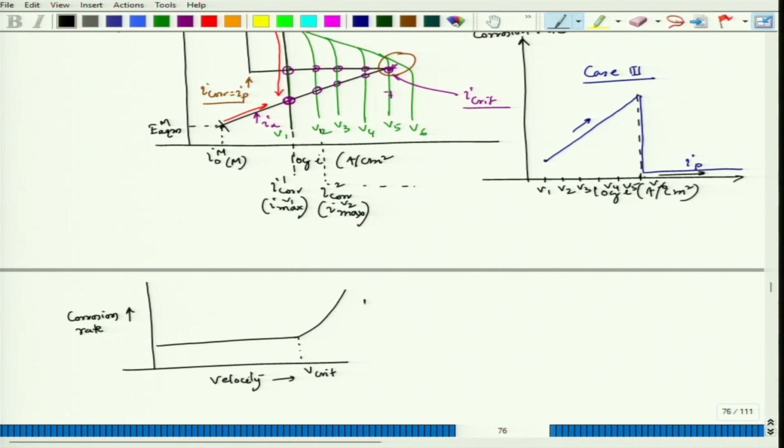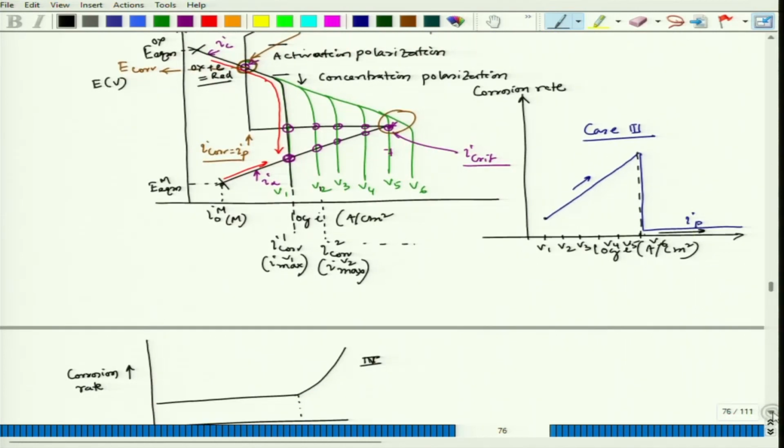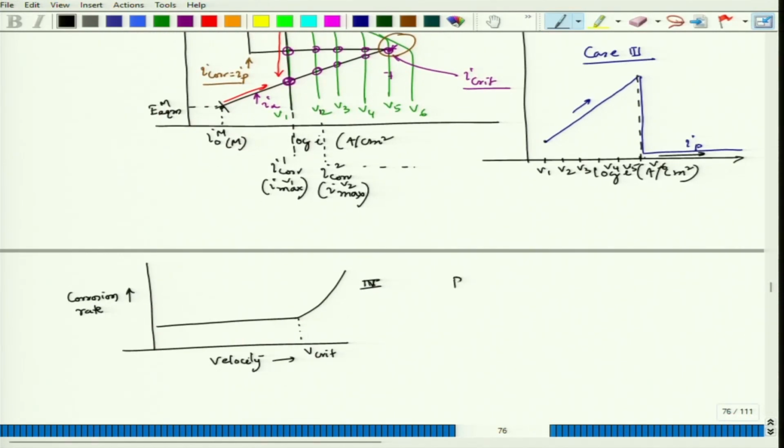This case could be considered as case 4. This behavior can be observed in case of lead in H2SO4 or dilute H2SO4.